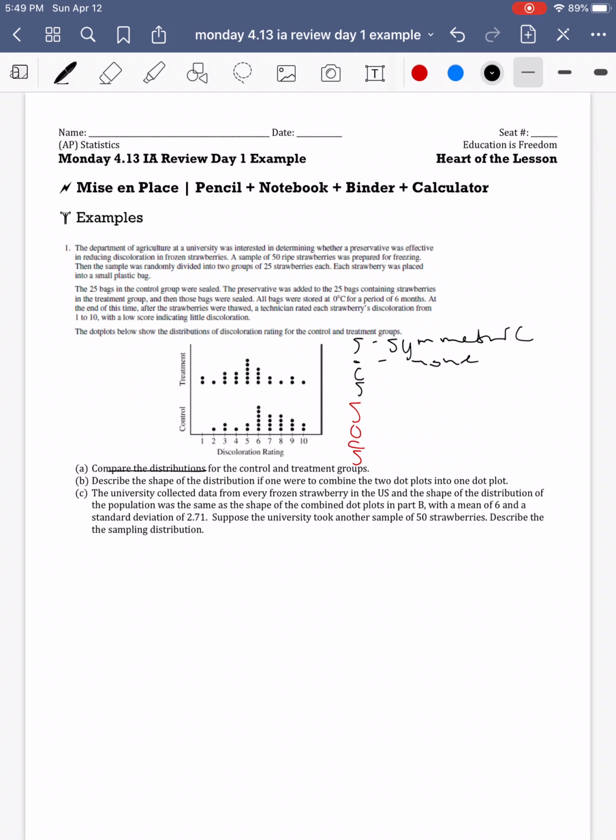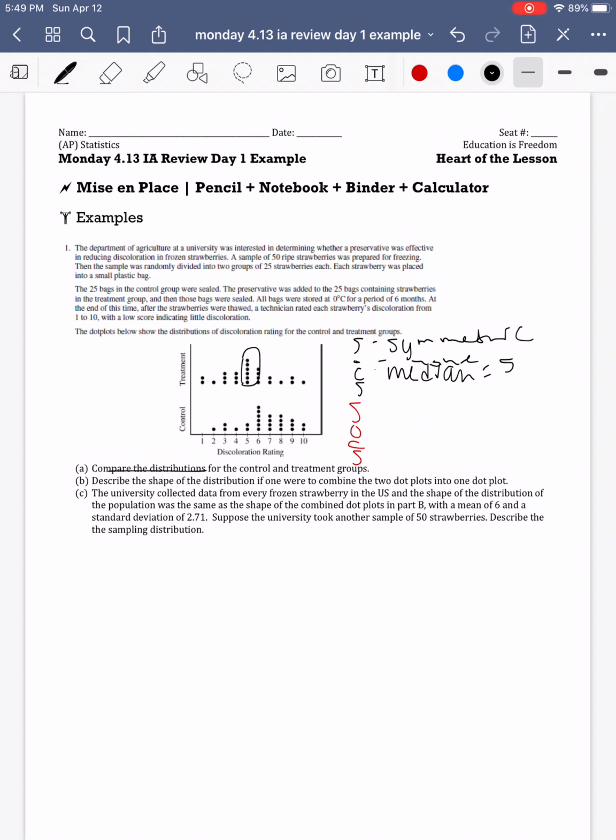So if I go ahead and just quickly find the median, since there are 25 strawberries in each group, I'm just going to count from the left 12, and that'll give me my halfway point. So 1, 2, 3, 4, 5, 6, 7, 8, 9, 10, 11, 12, 13. Okay, so this is going to be where my median's going to lie, so that's 5. So my median is equal to 5 here.